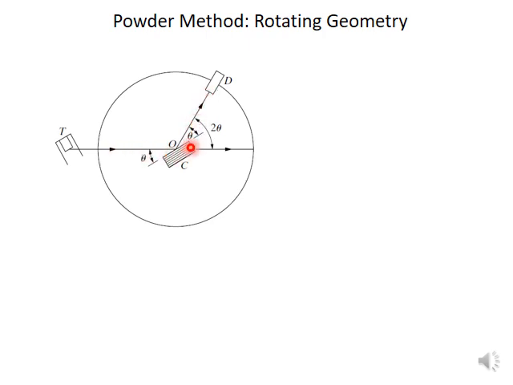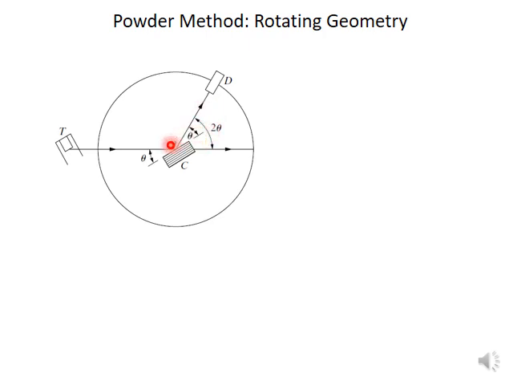If this T, the source of X-ray, makes an angle theta with the surface of the sample, then the reflection is again by an angle theta. So the total angle between the incident ray and the reflected ray is 2 theta. That's why all the data is plotted with respect to 2 theta, because 2 theta is the angle between the incident k and the scattered k.